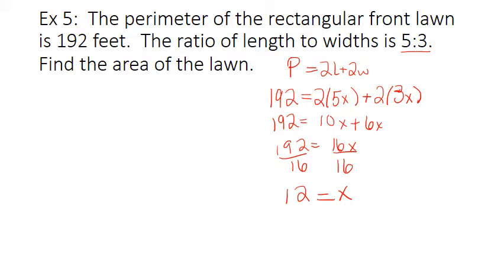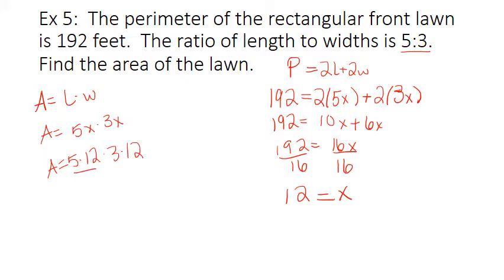Okay, so they want us to find the area of the lawn. And remember, area is length times width. So for this, we need area equal to 5x times 3x. And we know that x is 12. So the area is going to be 5 times 12 times 3 times 12.